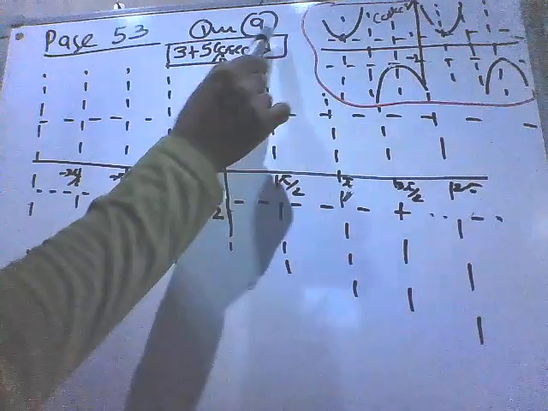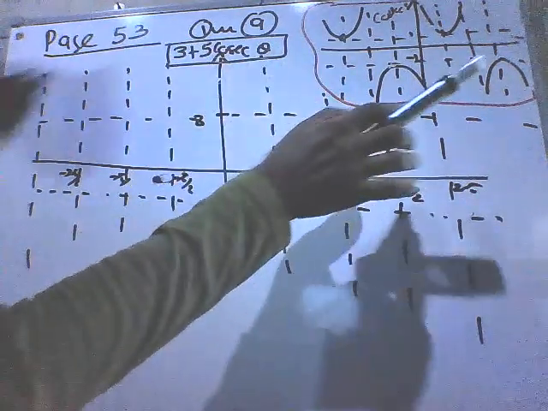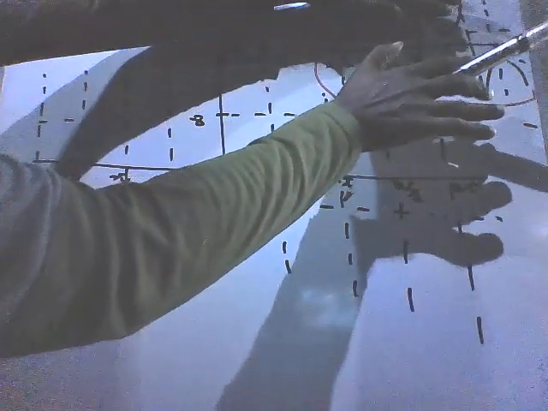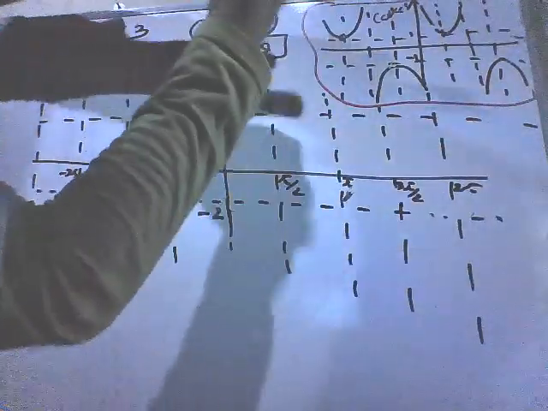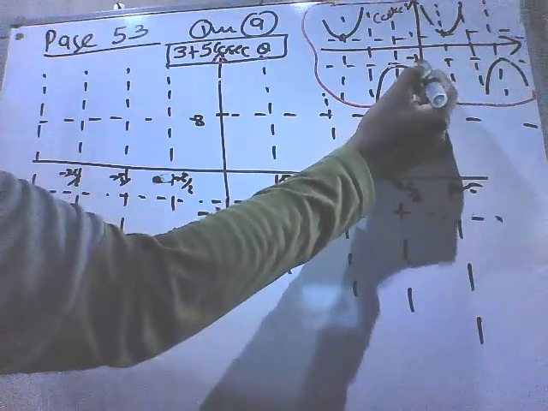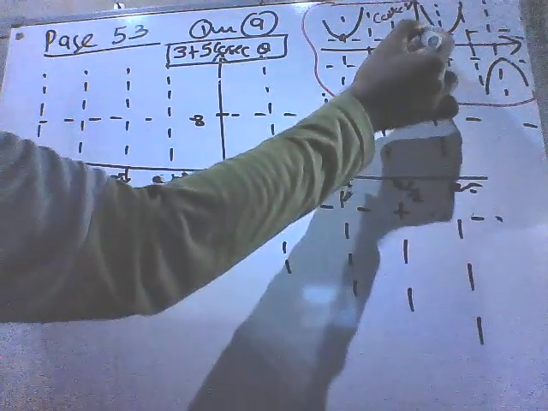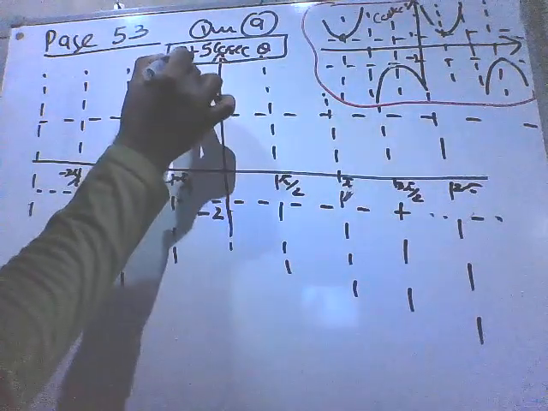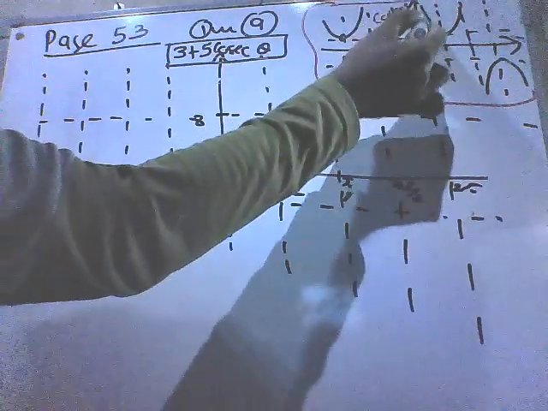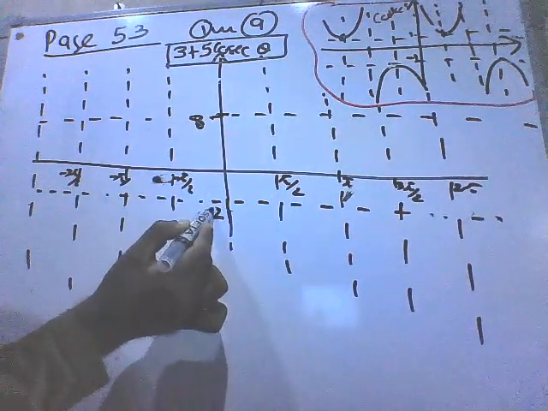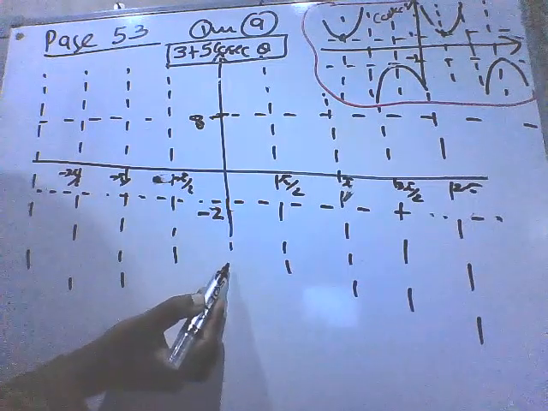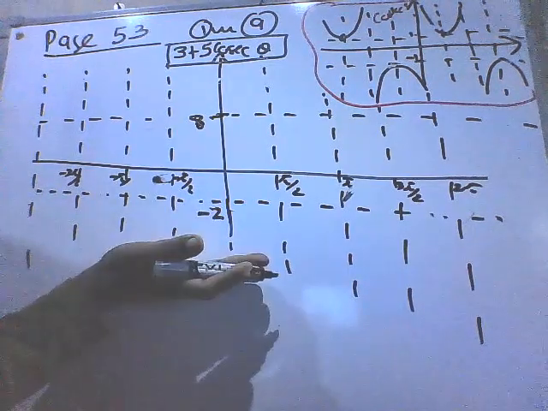So if you consider 5 cosec theta, it will get stretched away from the x-axis. This will jump to minus 5 and this will jump to 5, but again we are shifting it up 3, so this 5 will become 8. That is why I have put 8 here, and this went to minus 5, then another 3 units it will come.